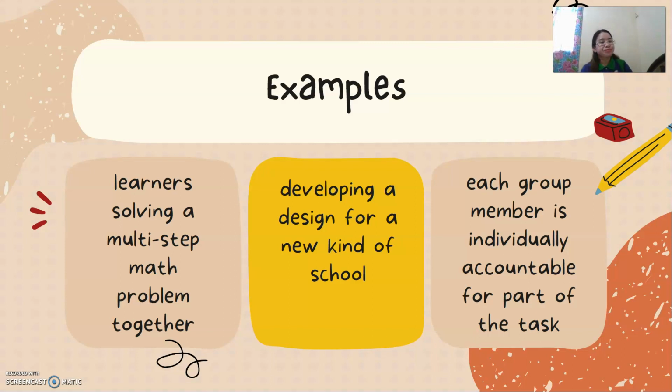Okay, so for this cooperative learning, they really have to do their best. They really have to contribute something for their group so that they could achieve a high score altogether, or they could finish the project altogether successfully. So again, these are the different examples of activities in terms of cooperative learning.